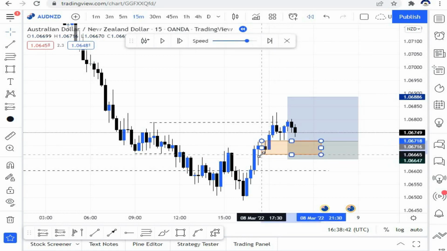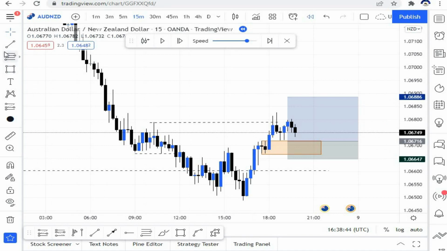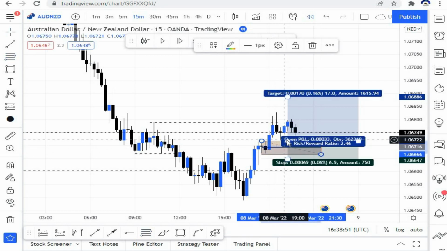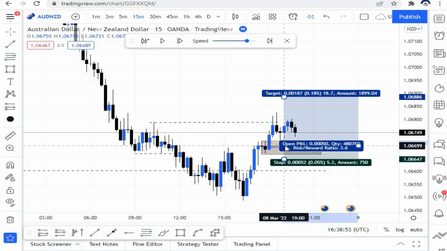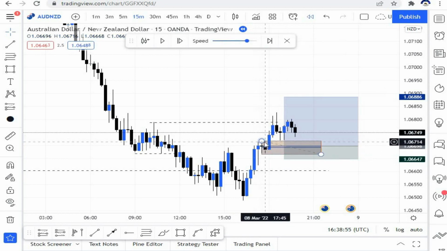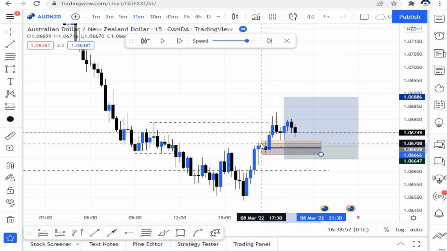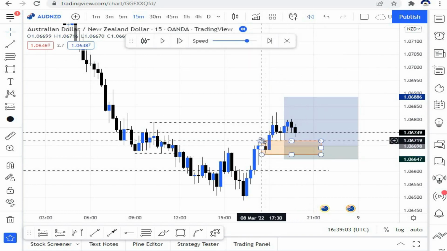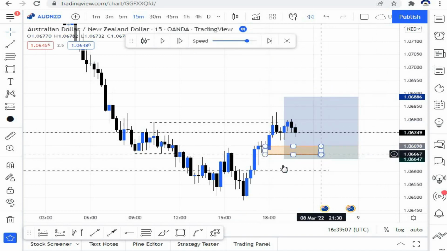If you use this zone right there, you like to use premium and discount to not risk that much, something like this. Here is going to be our entry around there, and then let's delete this. Okay, so meaning here was going to be our entry, and this was the demand.